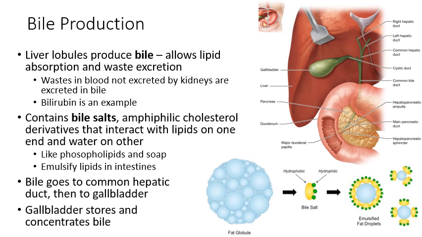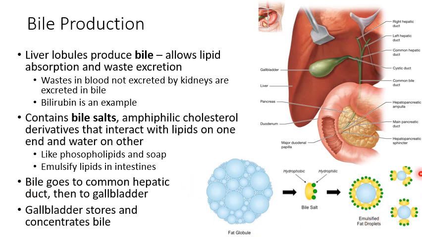Emulsification is when you have two things that are not going to mix together, like oil and water, and you add something to make them mix, or to emulsify them. So you're going to get all these little fat droplets that are surrounded with bile salts on all sides, and that are emulsified in the water by those bile salts. A common example of an emulsification is just milk.